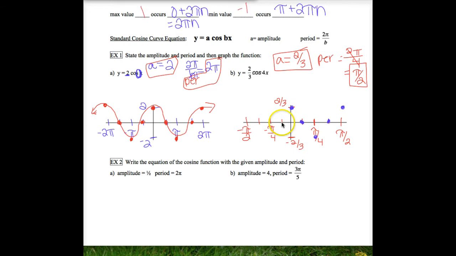On the other side, same thing, to the midline, valley, midline, hill, and then connect them. So again, if you're just looking at my blue curve versus my red curve, they look the exact same. The only difference is my labels, because that's the amplitude and the period.